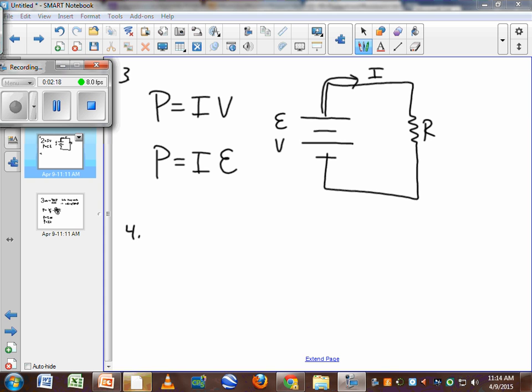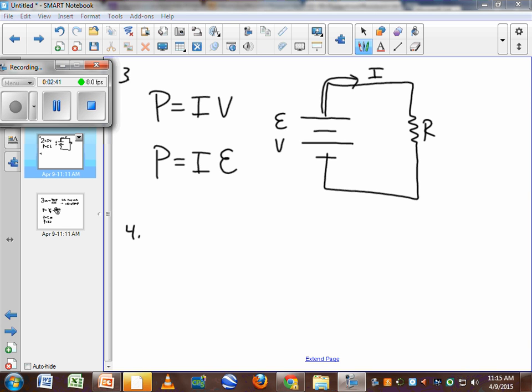So question number 4 goes on to say, what's the equation for the power used by a resistor? Well, we know that the power given by the power supply has to be equal to the power used by the resistor. If you have multiple resistors, the powers of each resistor add up to the power from the battery.